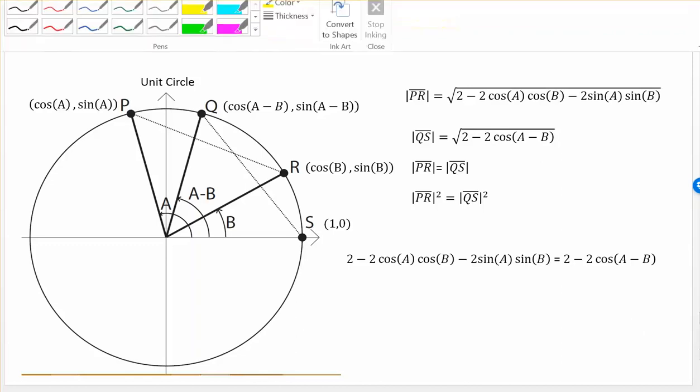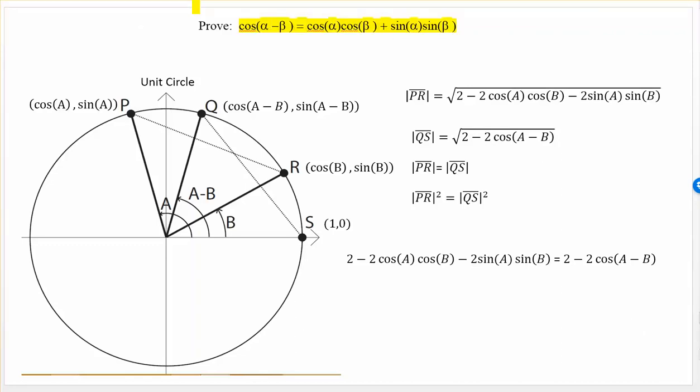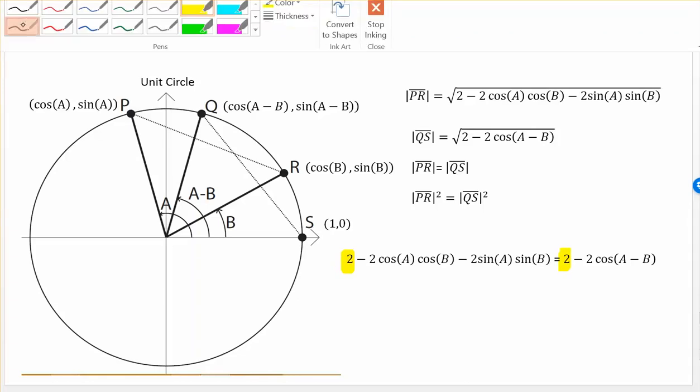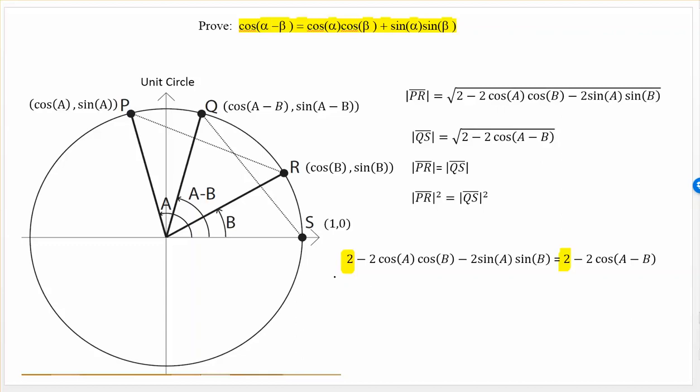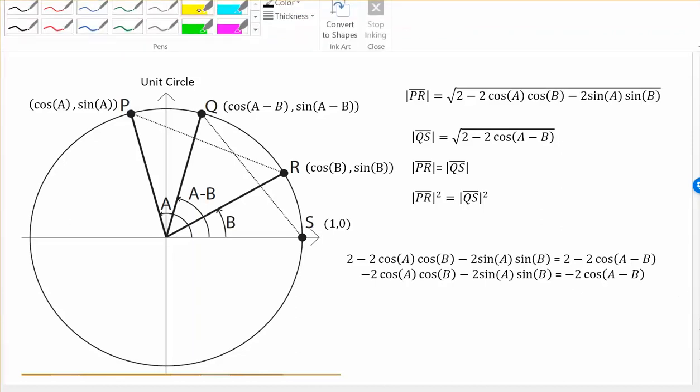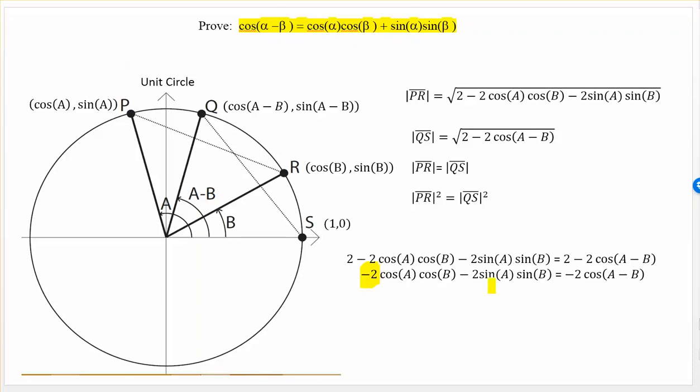And a little bit of algebra to clean this up. On both sides we have a plus 2. So what we'll do is subtract 2 from both sides, and the result ends up being a negative 2 cosine A cosine B minus 2 sine A sine B equals negative 2 cosine of A minus B. Now here on the left-hand side, both of these have a negative 2 factor.